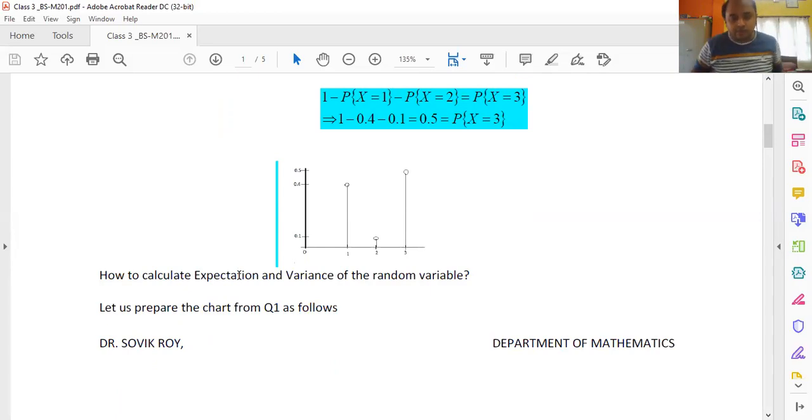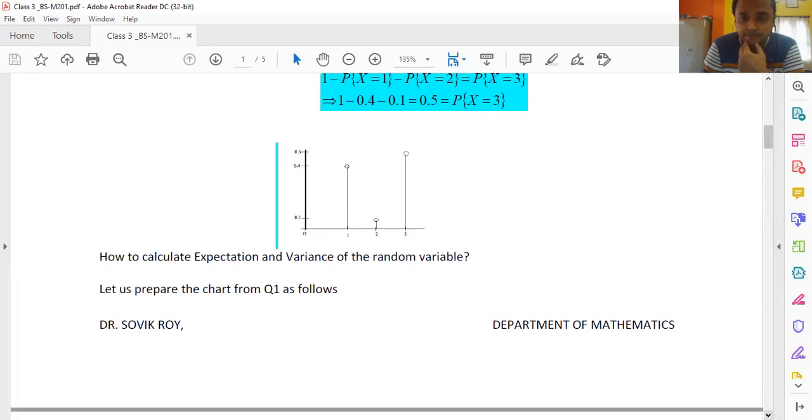Now, a random variable, you know, is a kind of function, and this function that I have designed with respect to the problem of coin tossing, that is capital X or capital Y or capital Z, whatever it is. For them, I want to calculate the expectation. So the expectation of the function will be calculated, and the variance of the function will be calculated. So let's see how it happens.